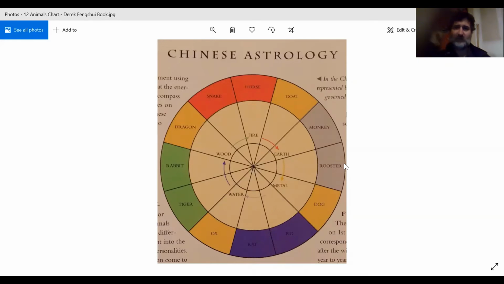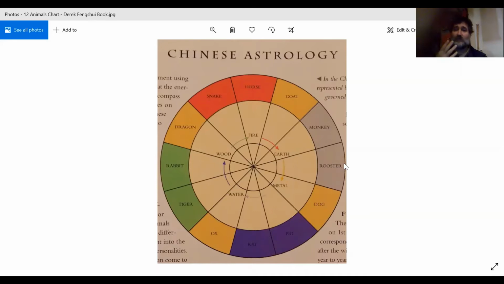Water, kidneys, darkness. The equator is at our front. So light, heart, brightness. The sun rises at our left, and rising energy, freshness, and it sets at our right, so contracting energy, death.